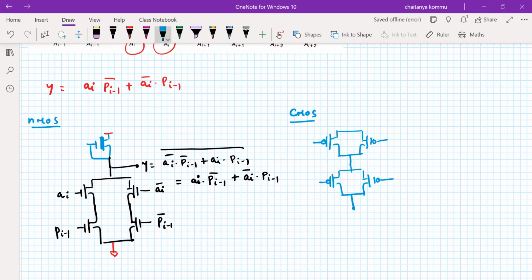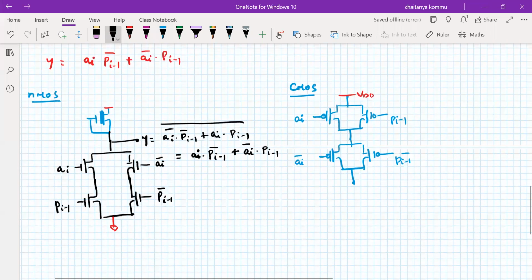So this is how we have to do it. This is called AI. This is called PI minus 1. This is AI bar. This is PI minus 1 bar, right? So this is connected to VDD. This is connected to VDD. And the bottom is as usual.